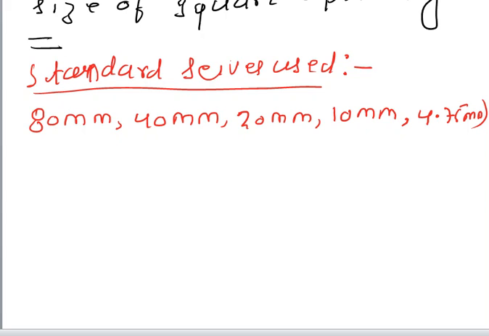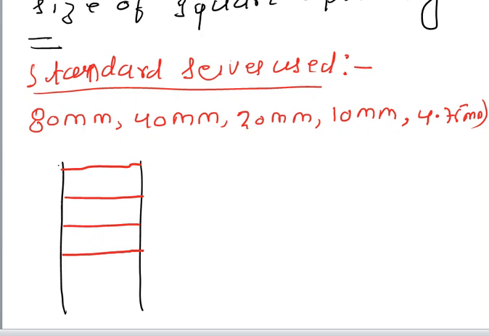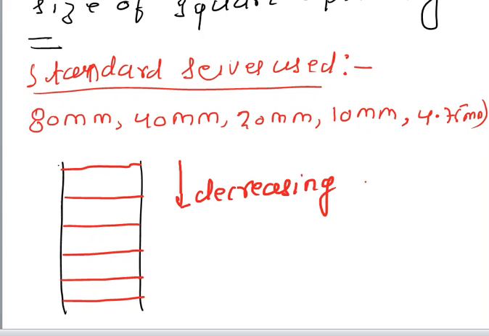There is a stack, something like this, in which you will place the sieves. The orientation is from top to bottom, and the order is decreasing sizes.